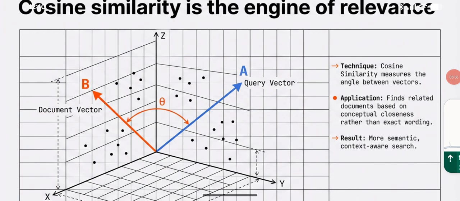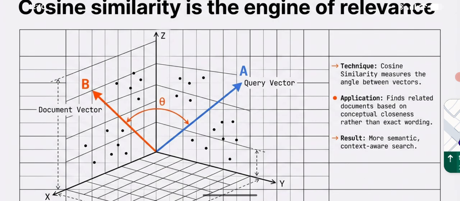Like in maths, we have an XYZ plane, and we see how far the data points or lines are from each other. Similarly, in language there are thousands of words, and each word is some distance away from the others.